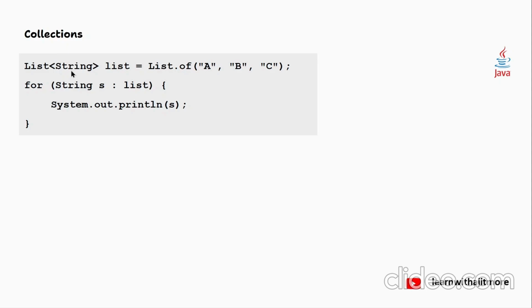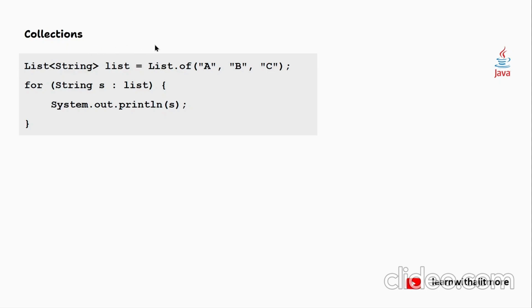Not primitives. If I give primitives also, 10, 20, 30, they will get converted into wrapper class Integer objects. Getting? Ultimately, they have to be objects because a collection stores only objects.